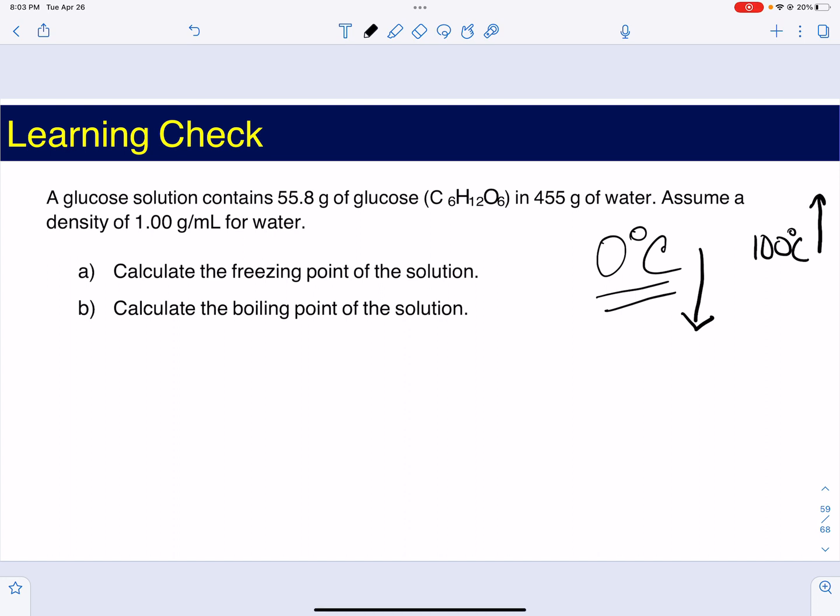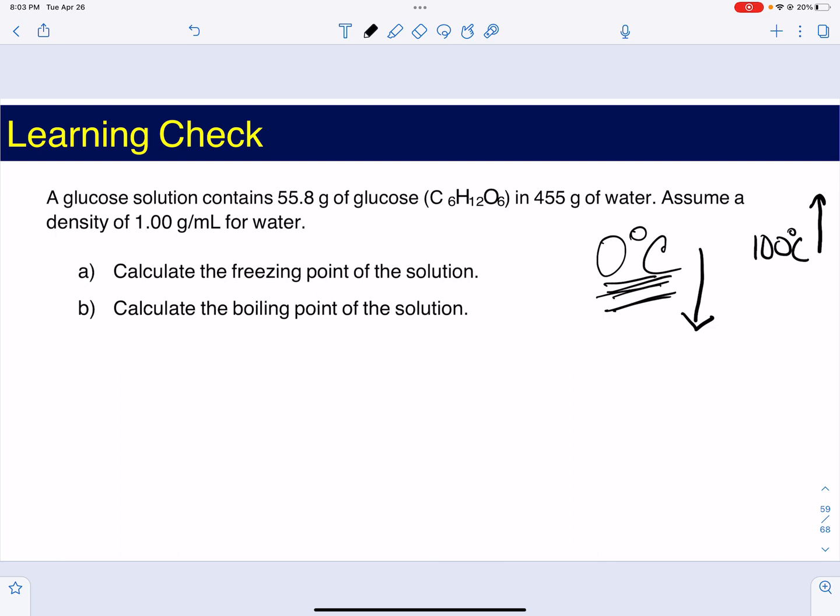So for the pure solvent, if we're talking about water, the freezing or melting point, which is the same thing, is 0 degrees. Boiling point or condensation is 100 degrees. But if you put something into the water, the freezing point is going to be lower than 0. The boiling point is going to be higher than 100. And it's because you're introducing new intermolecular forces.